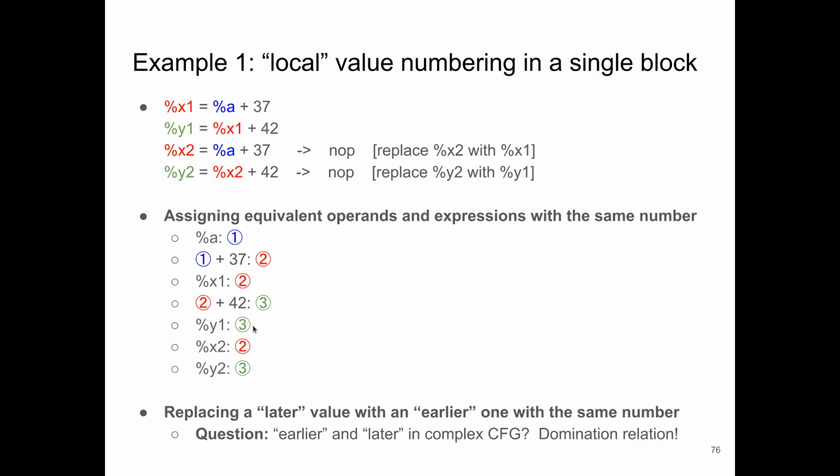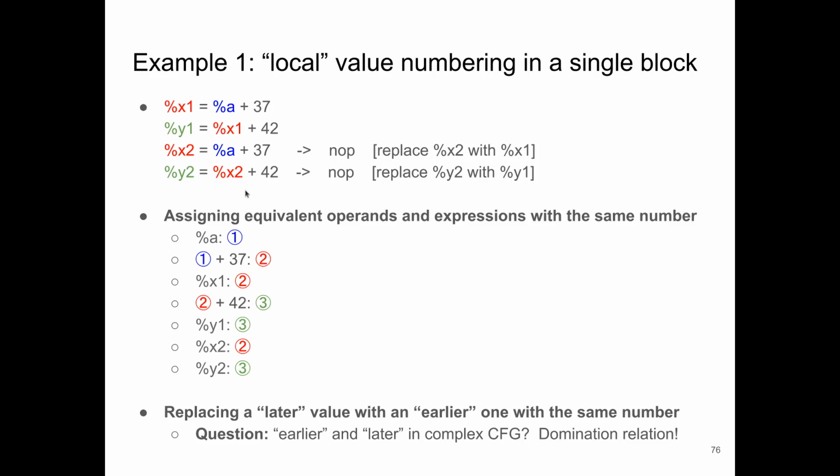So after that, we are going to compute a plus 37, and we can see that a is number 1 here, and we are going to compute number 1 plus constant 37, and it is number 2 according to the knowledge database we collected so far.